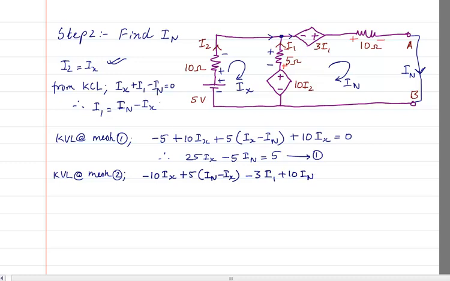I1 we have already seen here. I1 is In minus Ix. So that we will have to substitute later. This is going to be equal to 0.